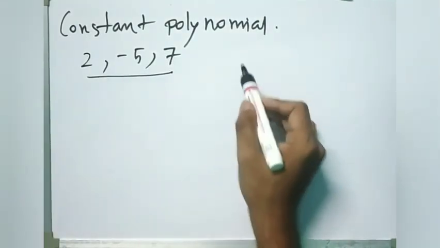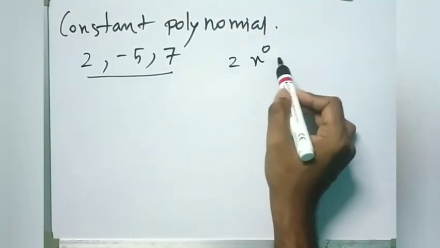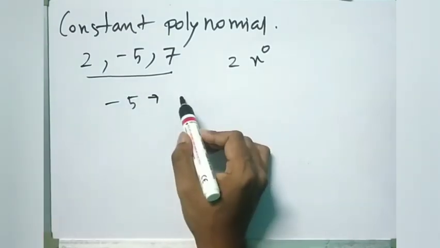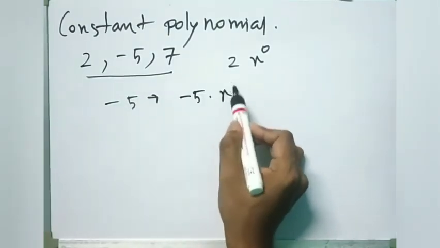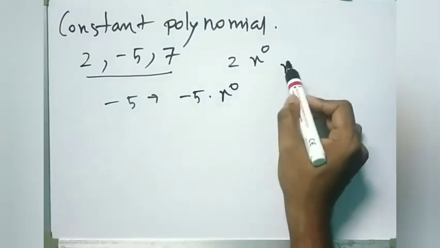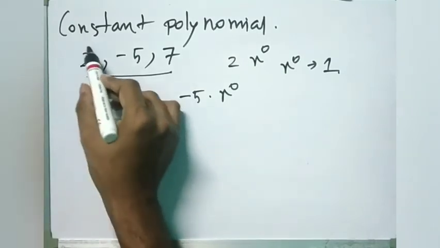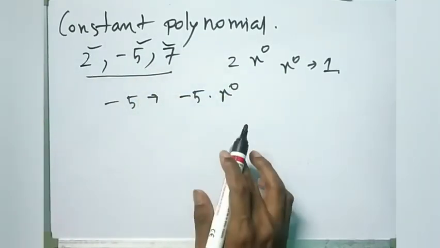Because 2 can be written as 2 into x to the power 0, and minus 5 can be written as minus 5 into x to the power 0. Because something to the power 0 is equal to 1, right? So these are constant polynomials.